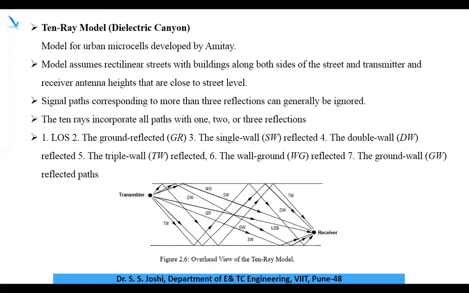Every time, the power gets absorbed by the material where the signal gets reflected or refracted. In that case, its strength keeps decreasing. So when there are more than 3 reflections, we are not considering a signal of that strength. But again, it depends on what type of material or object is there which blocks that particular signal.